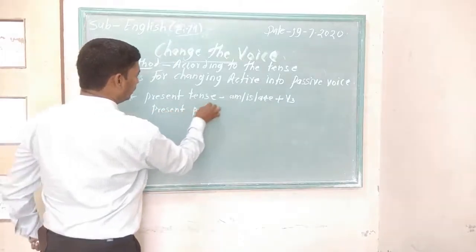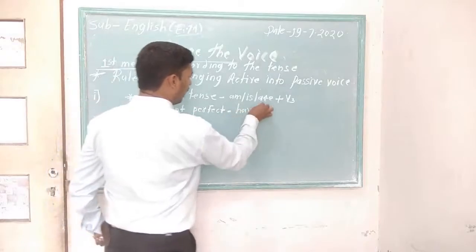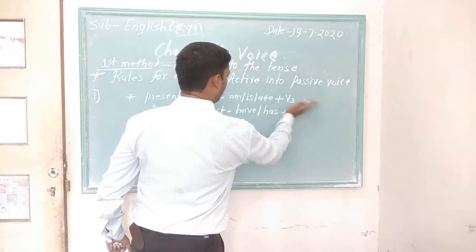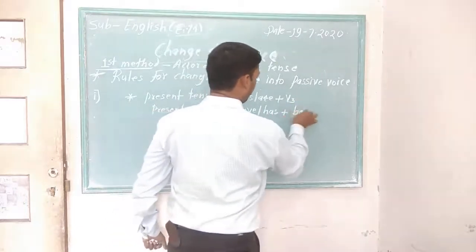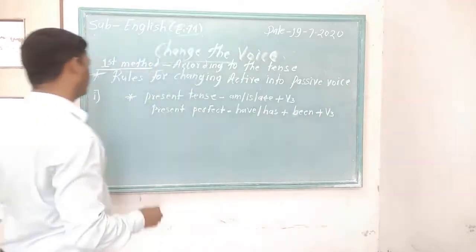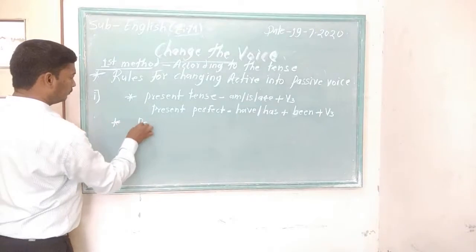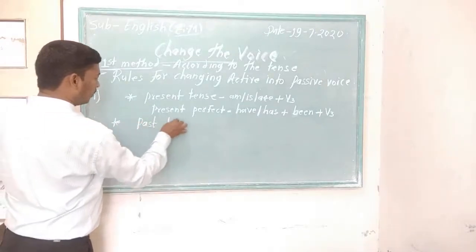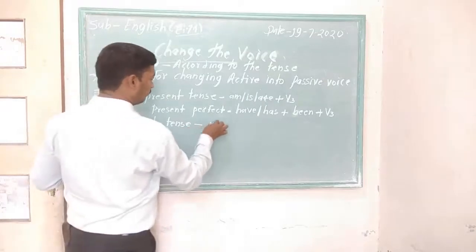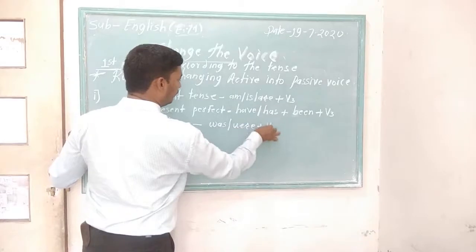Present perfect: have, has plus been plus V3. Past tense: was, were plus V3.